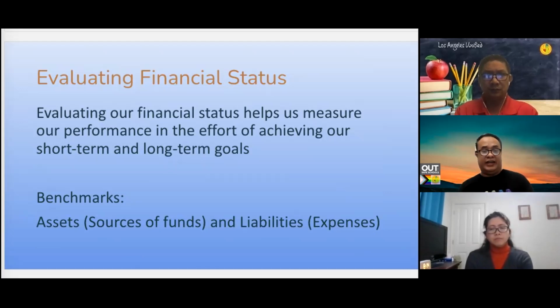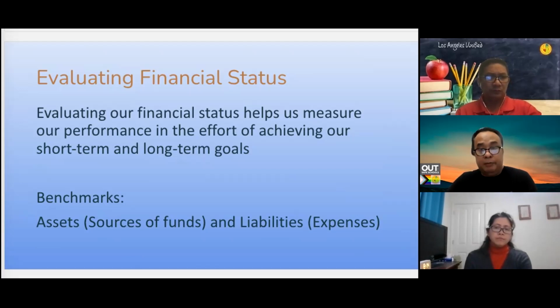So evaluating financial status, in most cases, both in public and private schools, whether in the Philippines or abroad, as we all know, schools are nonprofit organizations which provide service to the public. However, evaluating financial status is determined on school performance, enrollment, and all other factors. And then we also need to determine if there is a carryover budget from last year that can be used.